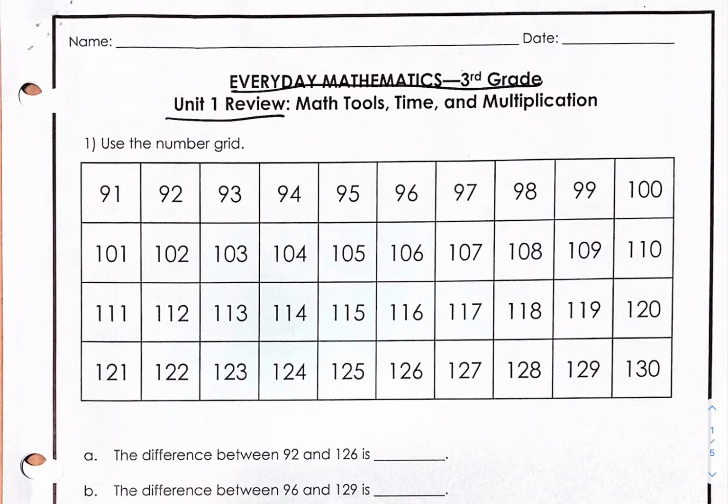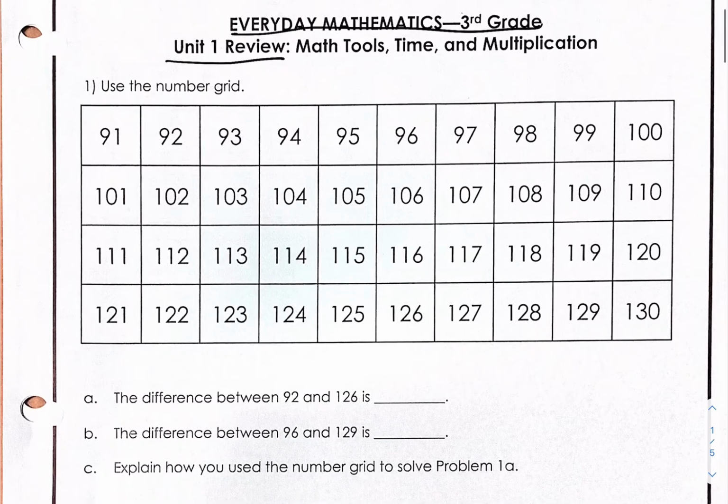It says use the number grid. So there is just a part of our number grid. You do have a bigger form of your number grid in your binder. Let's look at the questions that you'll need to use the number grid for. The first one says the difference between 92 and 126 is... So how much is there between those two numbers?